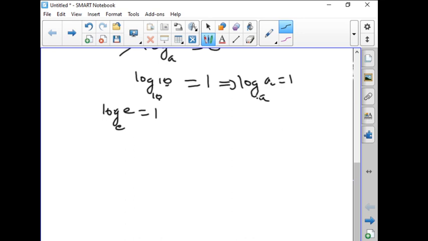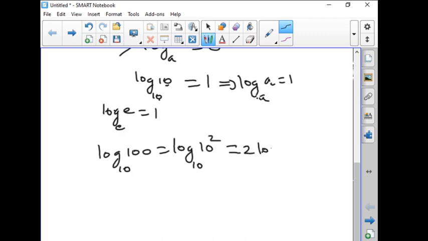Now if you take log 100 to the base 10, what is this? 100 is 10 square, so log 10 square to the base 10. We have a rule called the power rule. So, this 2 we can take to this side.